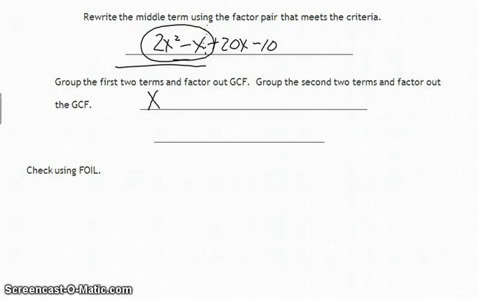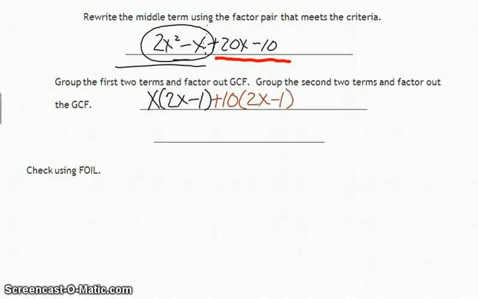You should notice that's x times 2x minus 1. Then I look at my second two terms, and I notice that the greatest common factor between 20x and negative 10 is a positive 10.